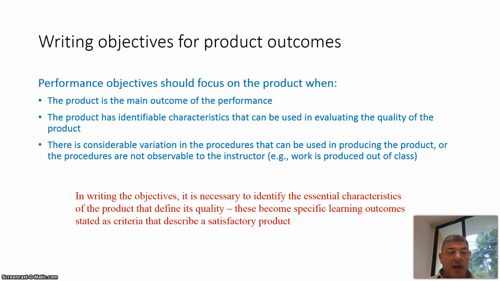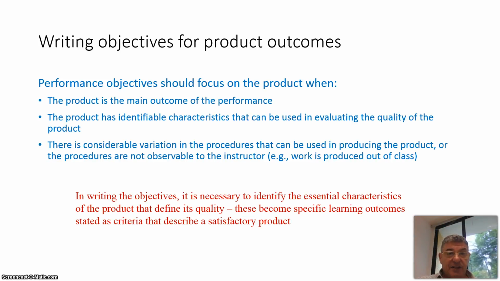So, in writing these objectives, again, identify the essential characteristics of the product that define its quality. So if we say our report's of good quality, what are these specific characteristics? And these become, again, the specific learning outcomes stated as criteria for a satisfactory product.